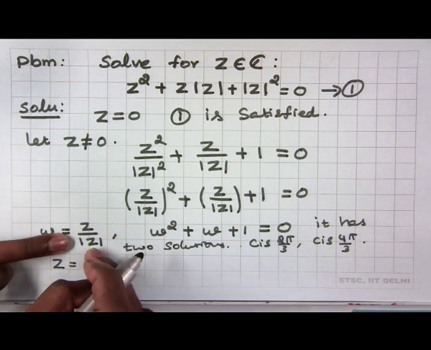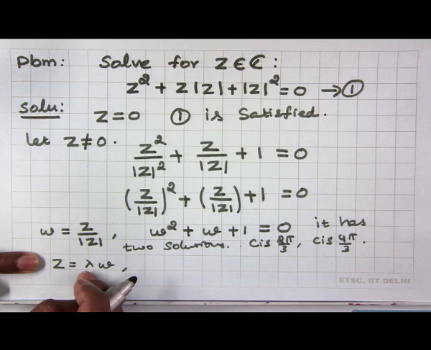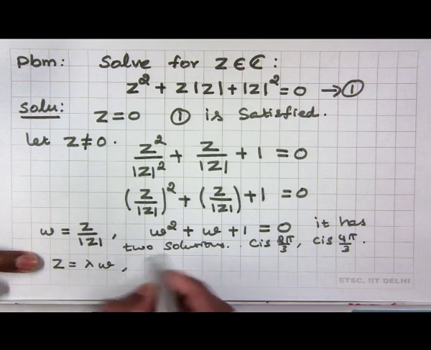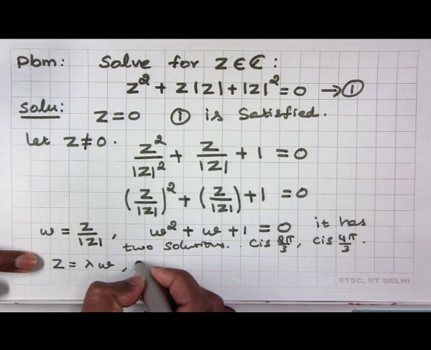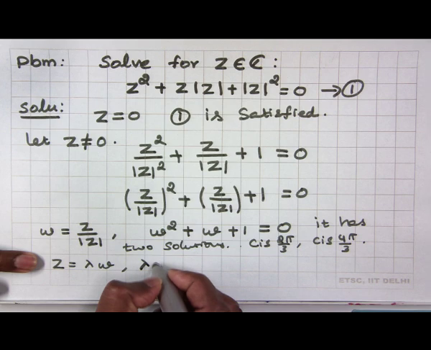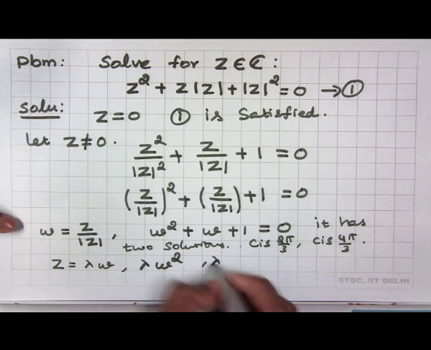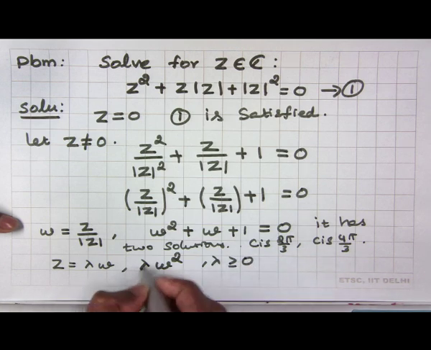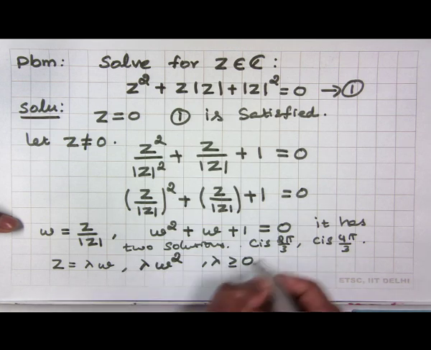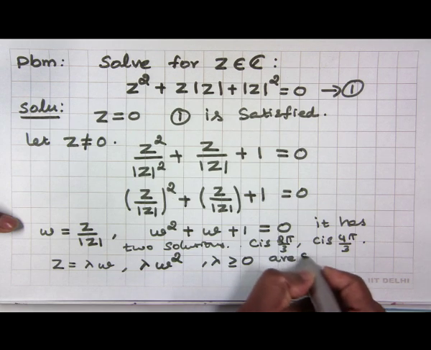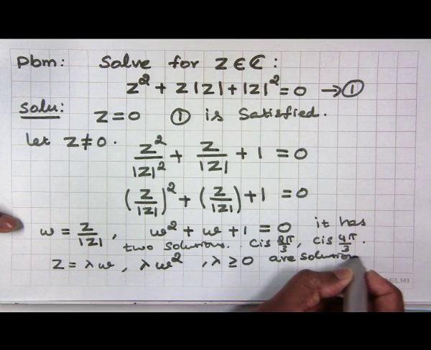Which means z can be written as lambda times omega and lambda times omega square, where lambda is non-negative. So our solutions to 1.